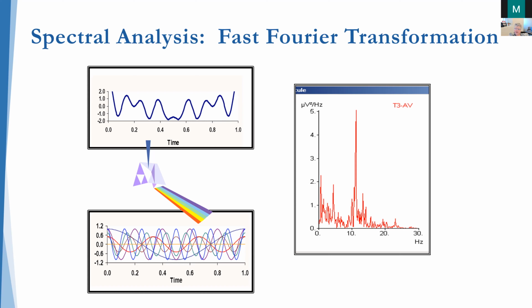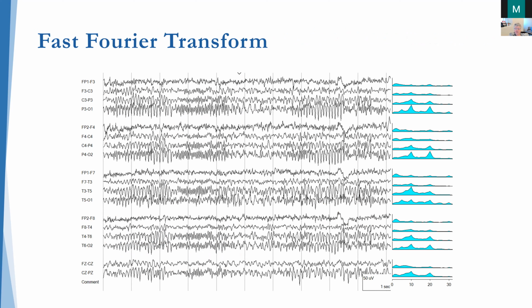And from this, we can create a frequency versus power graph, as we see here, with frequency along the x-axis and power, which is microvolts squared divided by hertz, on the y-axis. And you can see here in this frequency display that there's a peak of frequency at 11 hertz, most likely the posterior dominant rhythm. And here we just see a demonstration of how useful this can be.